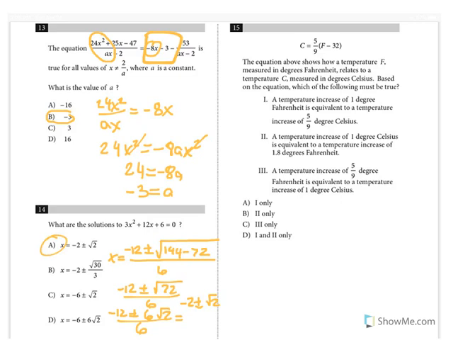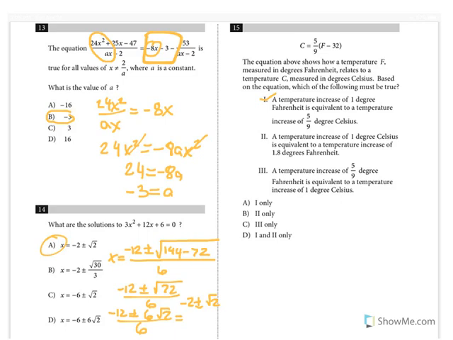C equals 5/9 times (F minus 32). The equation above shows how a temperature F measured in degrees Fahrenheit relates to a temperature C measured in degrees Celsius. Based on the equation, which of the following must be true? A temperature increase of 1 degree Fahrenheit is equivalent to a temperature increase of 5/9 degrees Celsius. That has to be true.